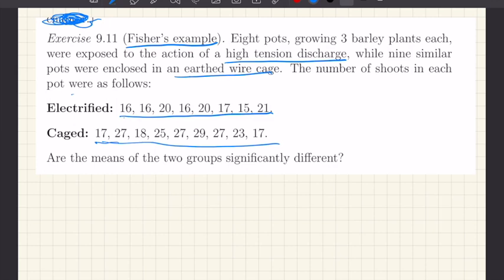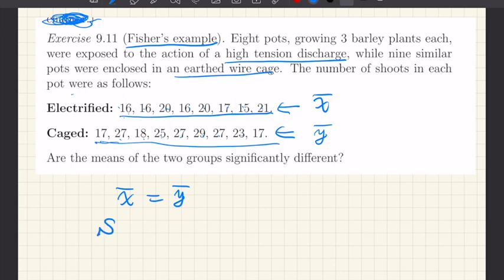So if you calculate the sample means of these two groups, are they significantly different? You add them and divide by the number of samples, 1, 2, 3, 4, 5, 6, 7, 8, then you get the sample mean x bar. And you add these and divide by 9, then you get the sample mean y bar. We want to test our hypothesis that x bar is equal to y bar. To do so, we calculate the T statistic.